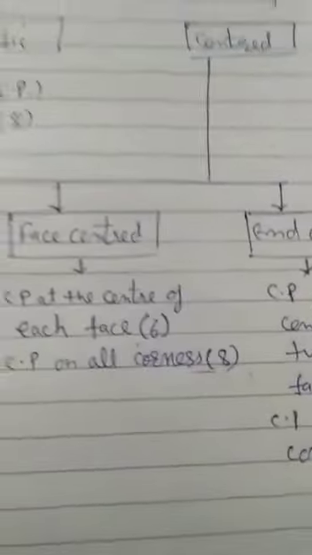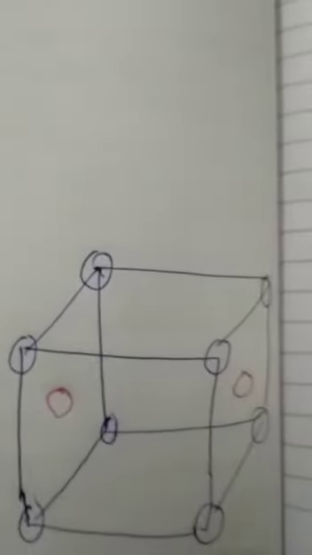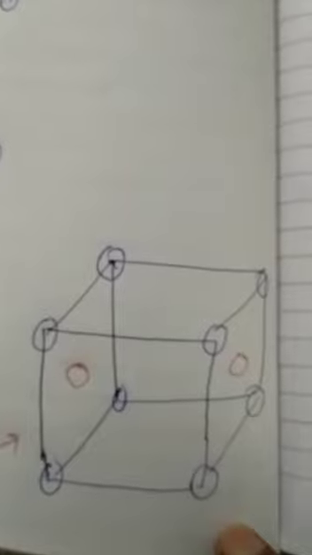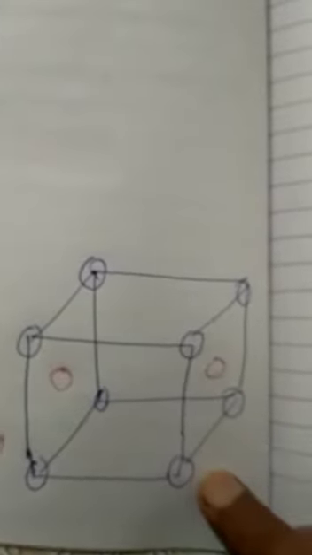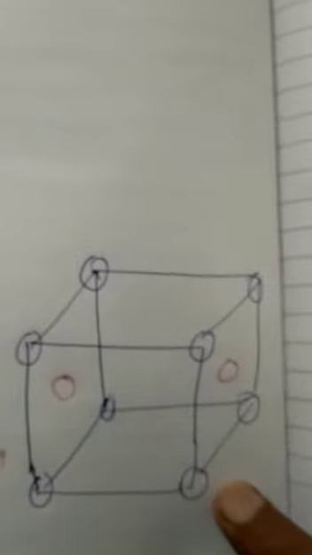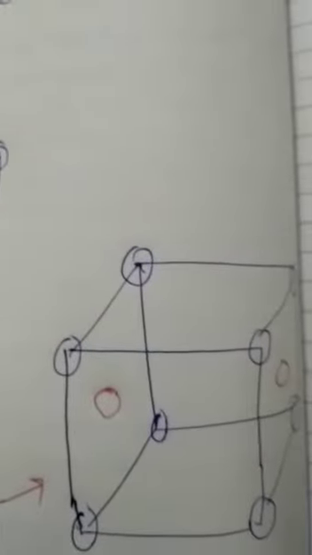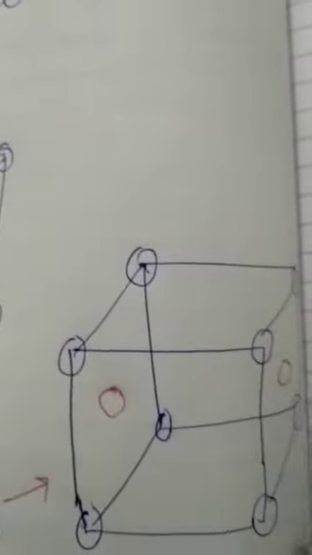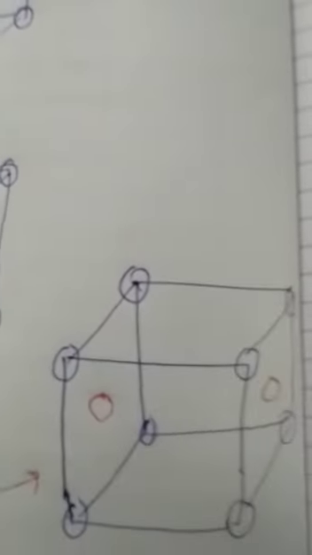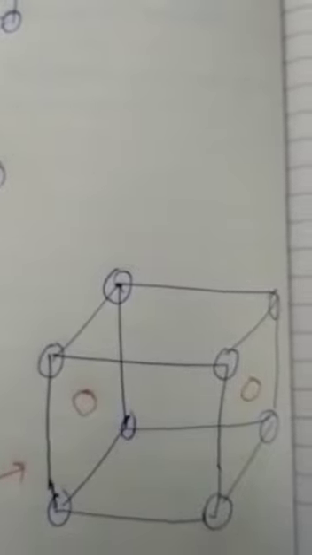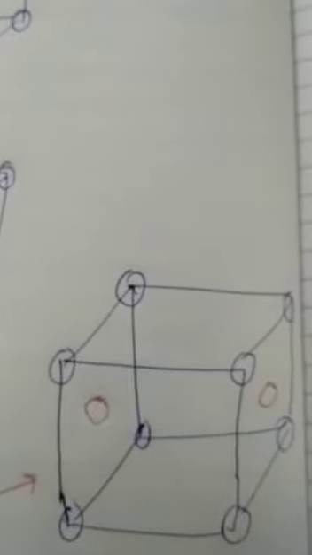See the diagram of end-centered. This is the diagram of end-centered unit cell. It has atoms on all the corners. See here, it has atoms on all the 8 corners: 1, 2, 3, 4, 5, 6, 7, 8, and on two opposite faces, that is alternate faces.